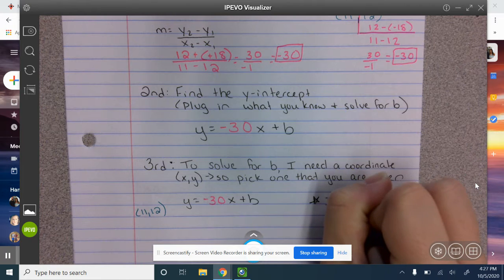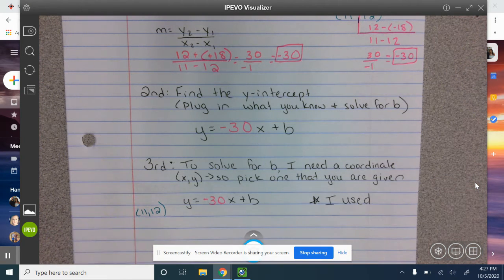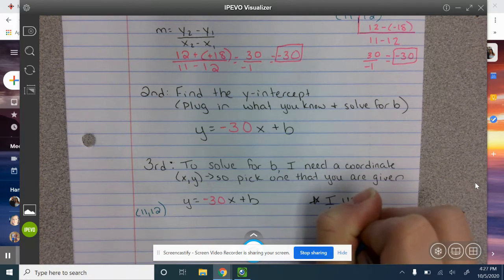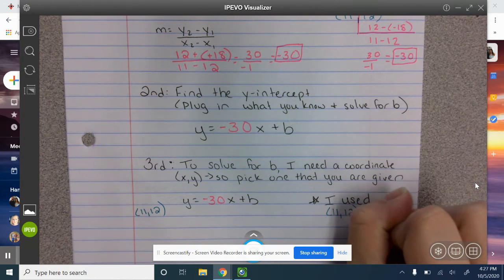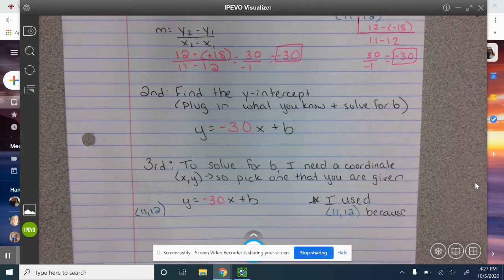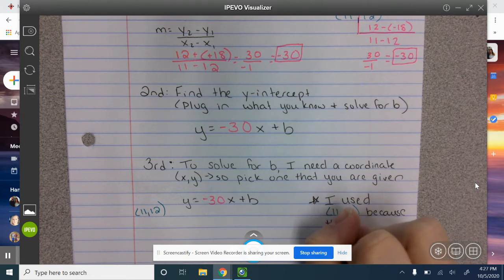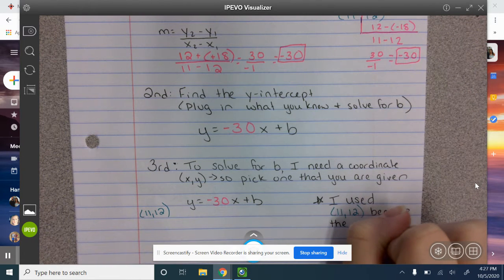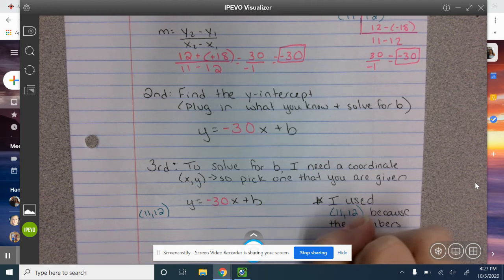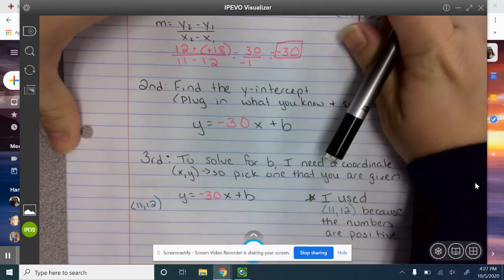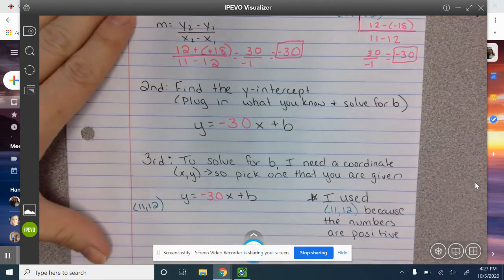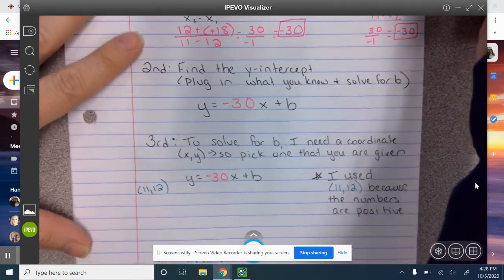I'm using (11, 12) simply because the numbers are positive. That is the only reason I picked (11, 12) over (12, -18). If I have the chance to use positive numbers, I am absolutely going to use them.